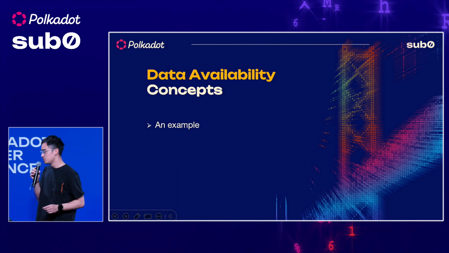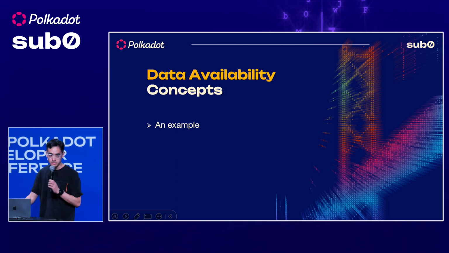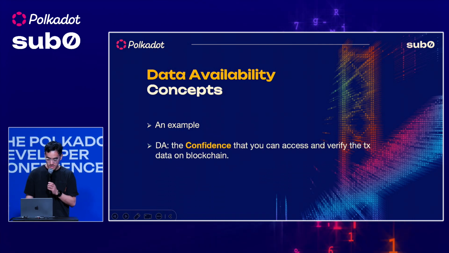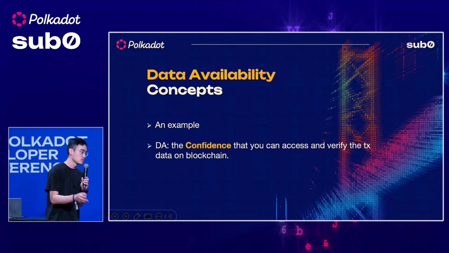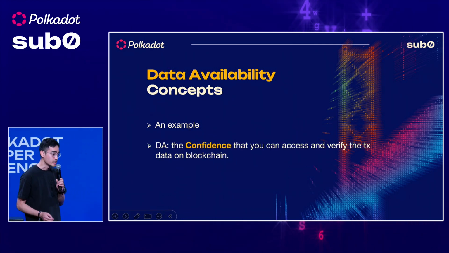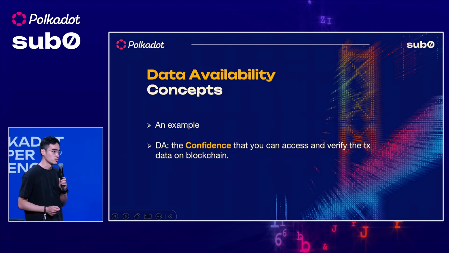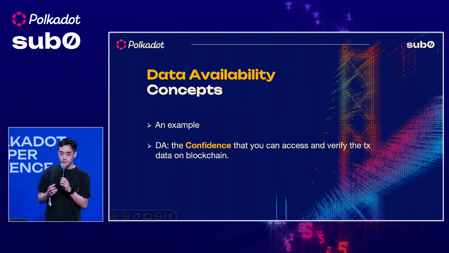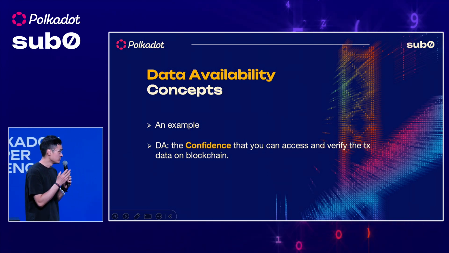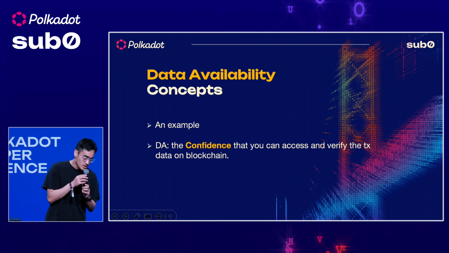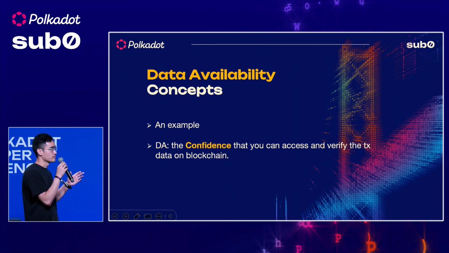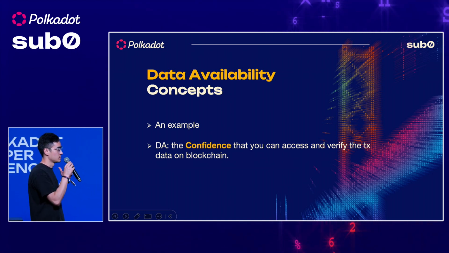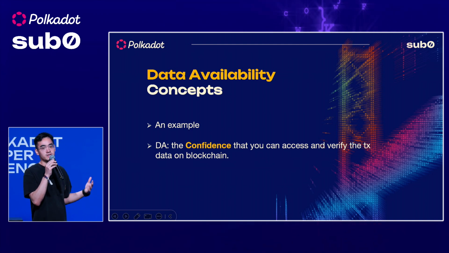This example is a very good illustration of data availability, because as the owner of this light node, you know you can access the data and verify that it is valid. So it gives you a confidence or assurance that you can always access the data and have it verified in a trustless way. The most interesting thing about this definition is that confidence is a feeling, not a fact.